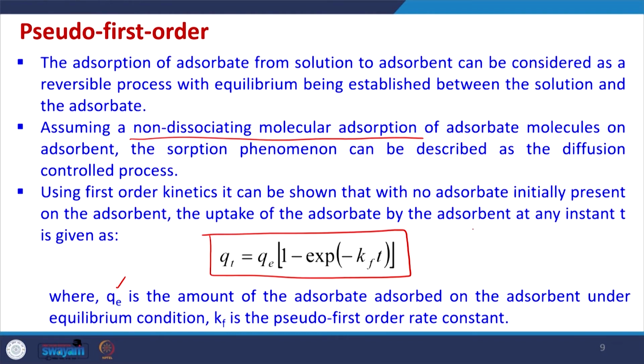So we have 4 terms here. t is the time, qt is the amount adsorbed at any time instant, and qe, and in addition we always try to find out this kf, which is the unknown. qe we can get experimentally and also determine theoretically, and qt is the data that we observe from the experiment. Generally, t versus qt data will be available to us, and we have to find out the values of kf and qe.